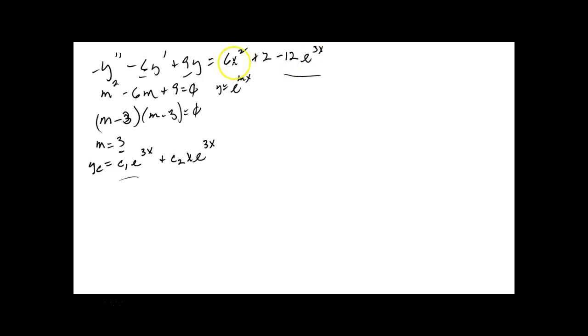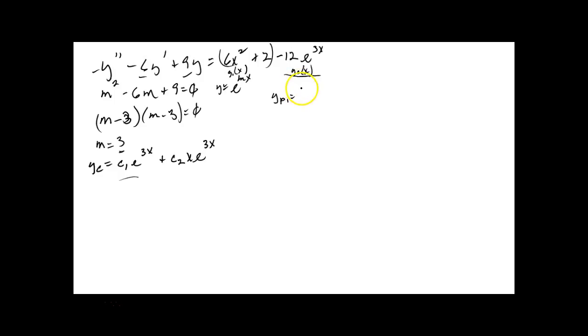So let's make this g1 of x. Actually, we'll do both of those as g1 of x. Okay? And this would be our g2 of x. So what's our yp1? The particular solution for the first one.